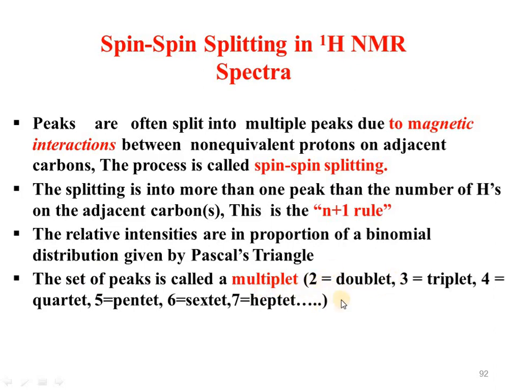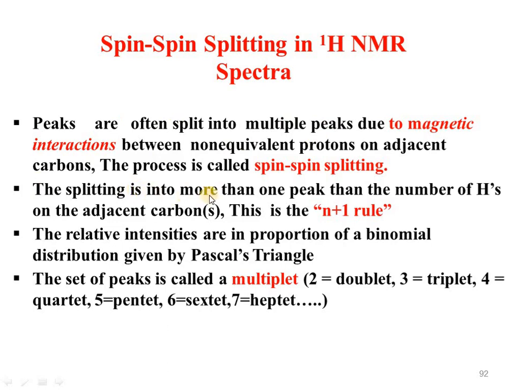If the signal is split into 2 or into 3, the intensity of the peaks will be given by Pascal's triangle, which we will do just now. So if there are multiple peaks due to magnetic interactions between non-equivalent protons on adjacent carbons, it is called spin-spin splitting.